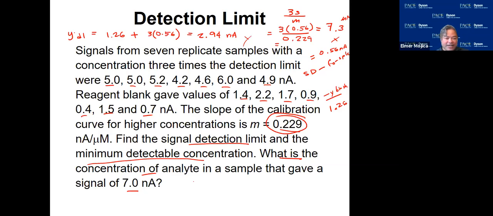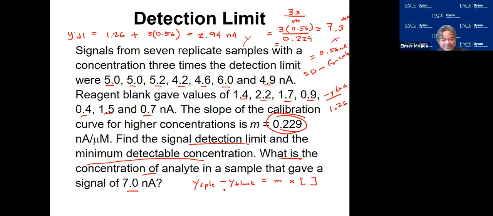Now that you have that, we can answer the last question. What is the concentration of the analyte in a sample that gave a signal of 7.0 nanoampere? This is now y sample minus y blank equals m times the sample concentration.